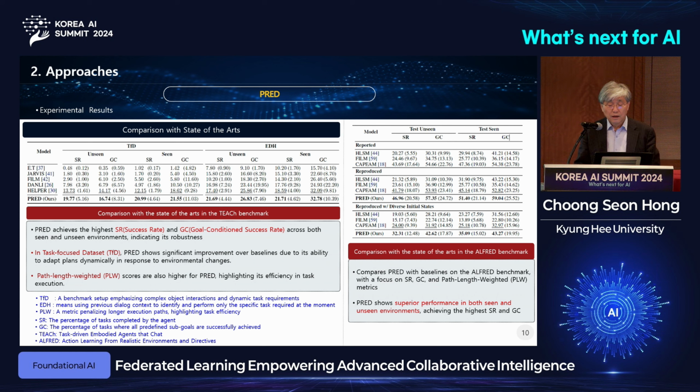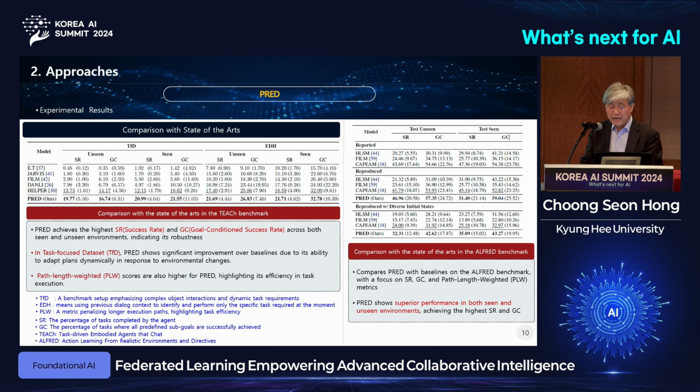Let's go over the experimental results for PRED and how it compares to the SOTA methods. On the TEACh benchmark here, PRED achieves the highest success rate SR and goal condition success rate GC in both seen and unseen environments. This shows its robustness in handling dynamic and complex task scenarios.